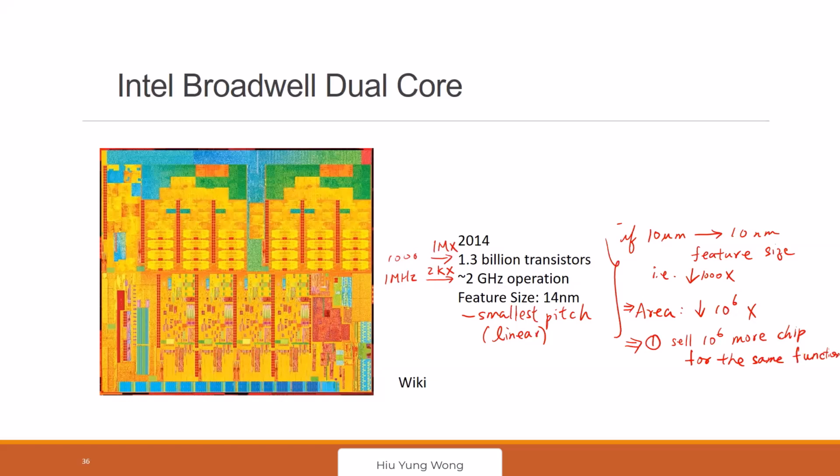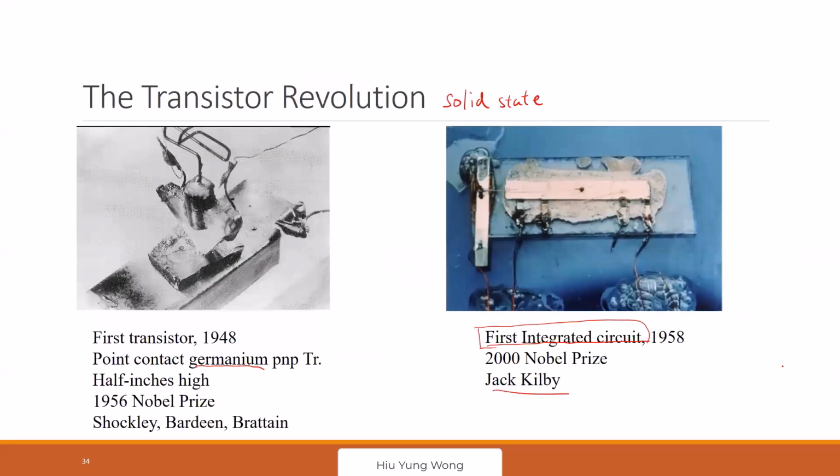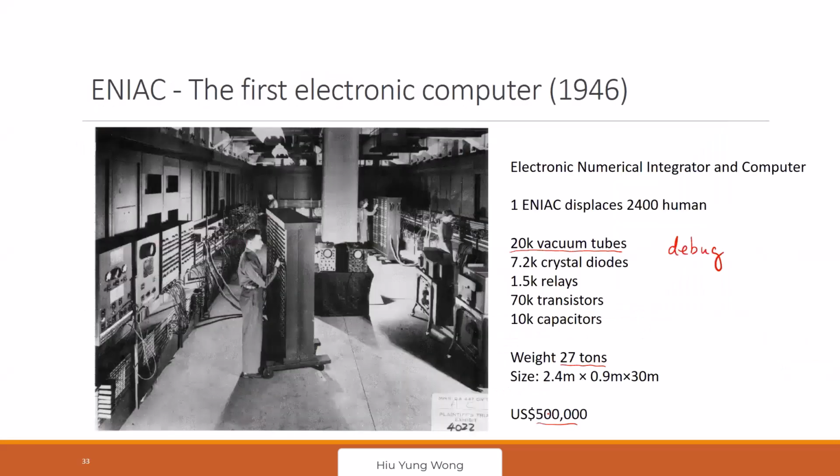So for the same function, for the same cost, I can sell it. So I was selling for how much? Maybe you say 500,000 dollars. If I were able to do this, I reduce by 1 million. I'm selling for 50 cents per supercomputer, right? The concept is like that.